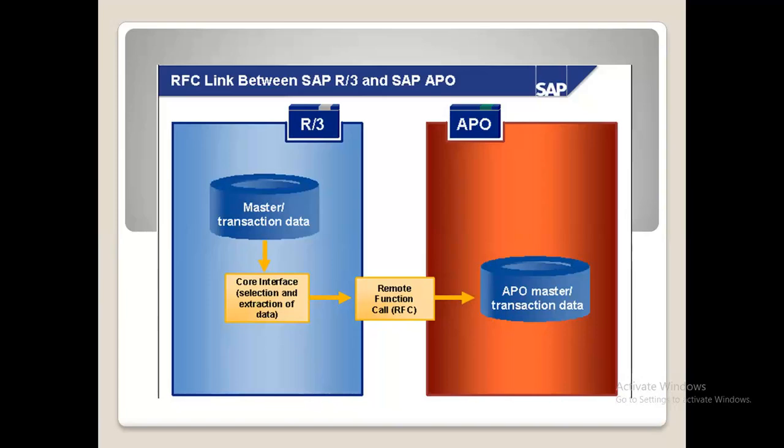Among that, CIF will play a crucial role for that remote function call. You see here, this is the R/3 system and the APO system. The master and transaction data has to be transferred from ECC to APO. This has to be done through remote function call with the help of the core interface.